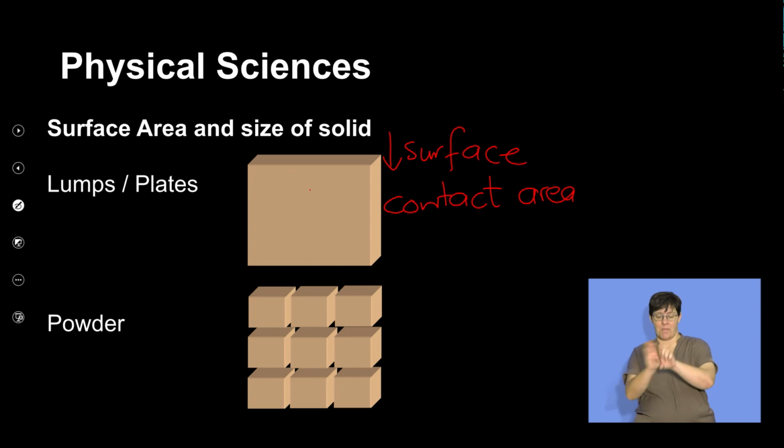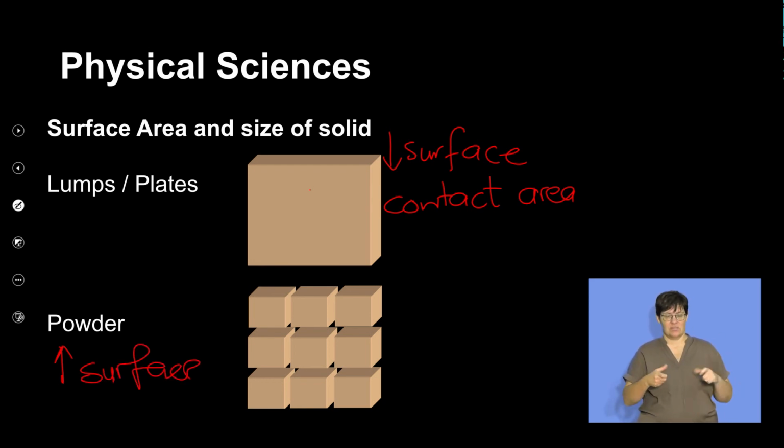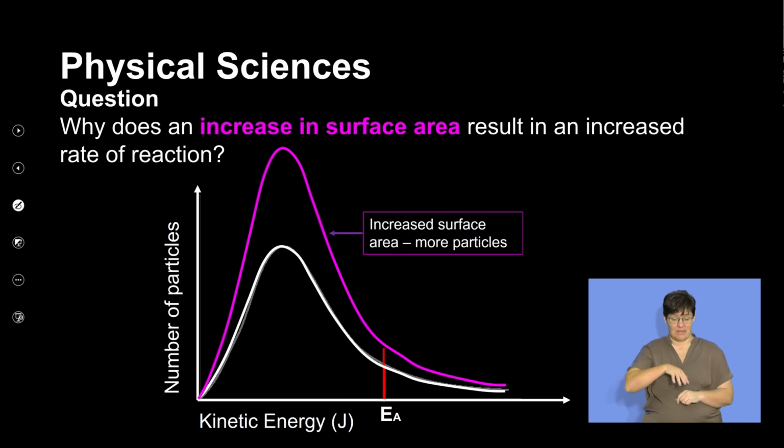So when we look at a powder, there's more contact area. For a powder, we have a larger surface area. When we look at our Maxwell-Boltzmann graph, we will see that we have the normal graph. Because of the surface area that's now increased, we have more particles or more interaction on the bigger surface area.